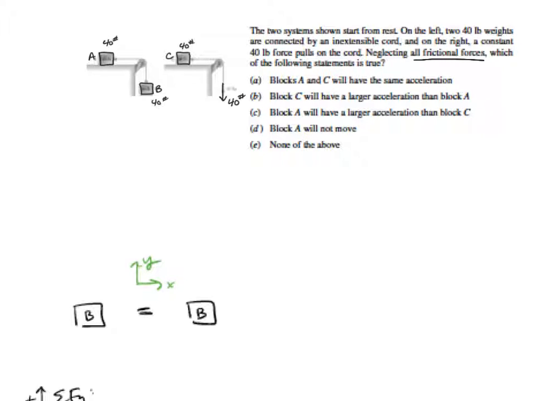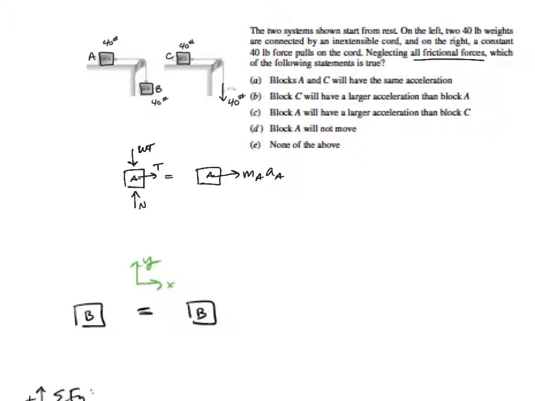And so we'll draw the FBD KD for block A up here, and we'll see what I mean by that. To do it, I've got the tension, I've got the weight, and then I've got a normal force. And then block A is going to move to the right, so I would have the mass of A times the acceleration of A.